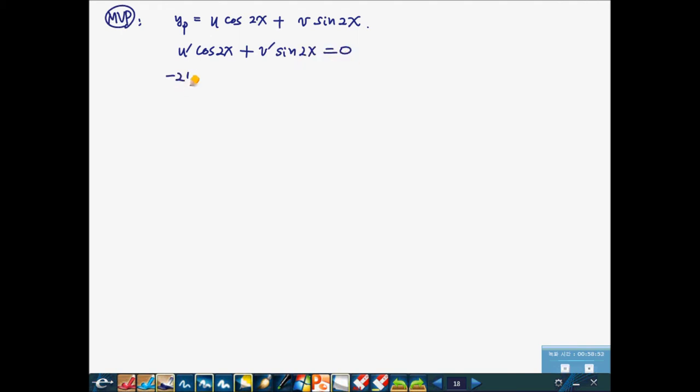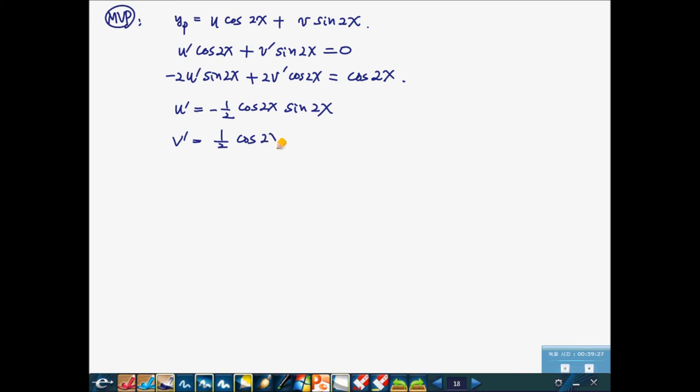Okay, minus 2 u prime sine 2x plus 2 v prime cosine 2x, which is our R. And you do Cramer's rule. And let's see. Your u prime will be minus 1/2 cosine 2x sine 2x. v prime is 1/2 cosine squared 2x.